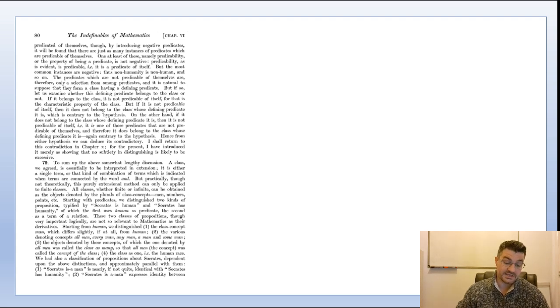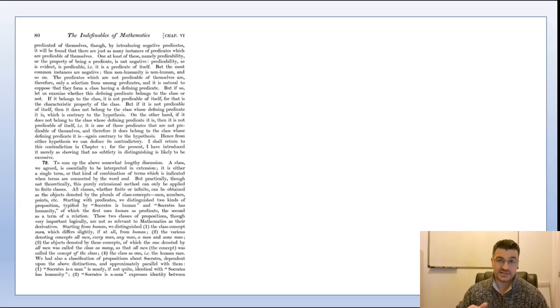Starting from human, we distinguished 1. The class concept man, which differs slightly, if at all, from human. Again, a grammatical difference. Is there a genuine philosophical difference there? It's kind of undecided. We'll play it safe and assume that there is, but the similarity between the class concept man and the predicate human is so close that in many cases we can almost use them interchangeably.